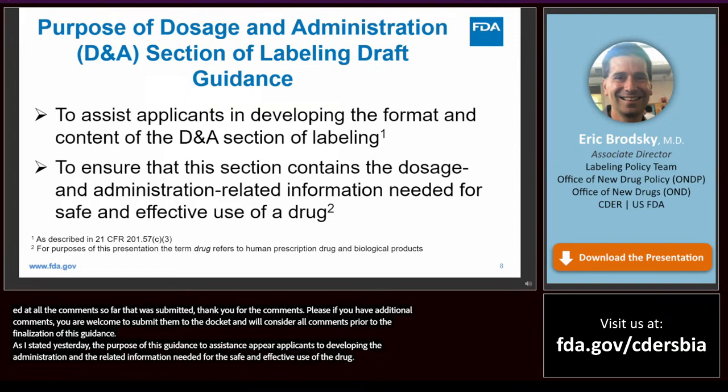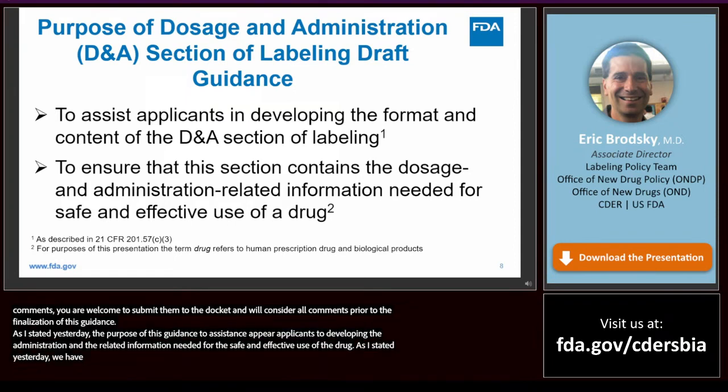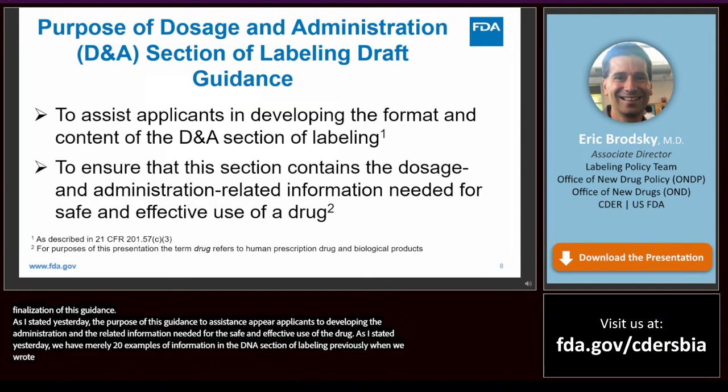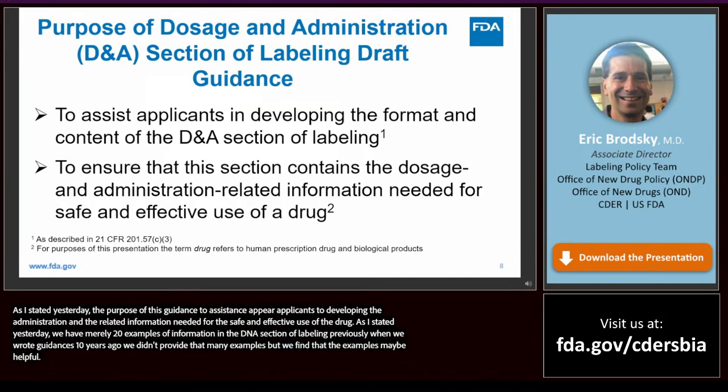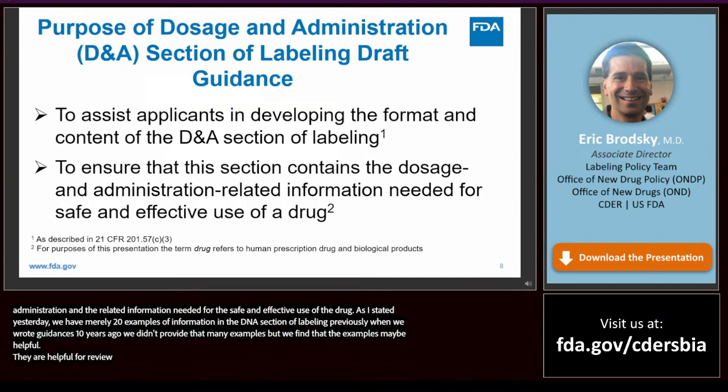We have nearly 20 examples of information in the DNA section of labeling. Previously, when we wrote guidances 10 years ago, we didn't provide that many examples, but we find that the examples may be helpful. They're helpful for review teams within FDA to review and develop labeling, as well as helpful for the applicants.